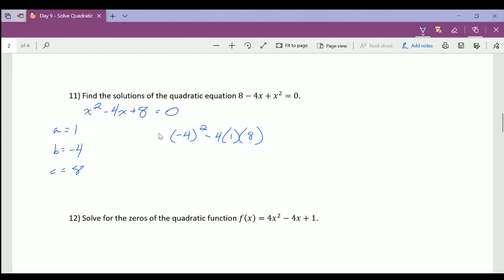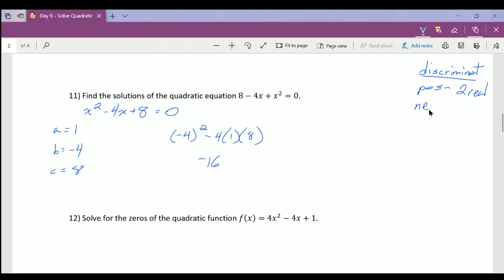Okay, this one gives us negative 16. If you don't remember, and I didn't say it in this video here, but the way it works, if your discriminant is a positive number, that means you're going to have 2 real solutions.